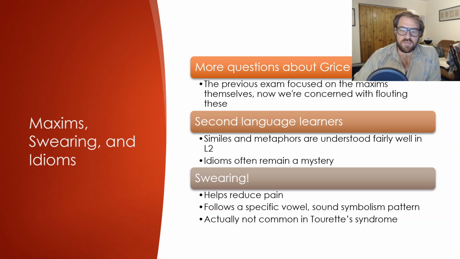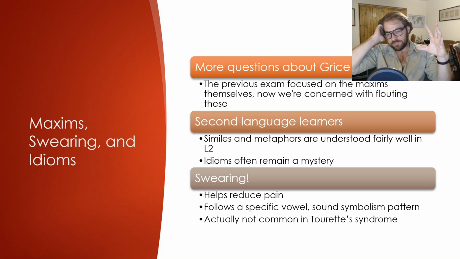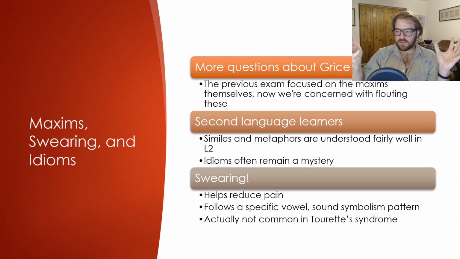My research shows that swearing follows specific vowel patterns, namely sounds that are close to a and I. So if you look at a graph, I think I put one of these in the lecture slides for this last one, but if I didn't, it's okay.